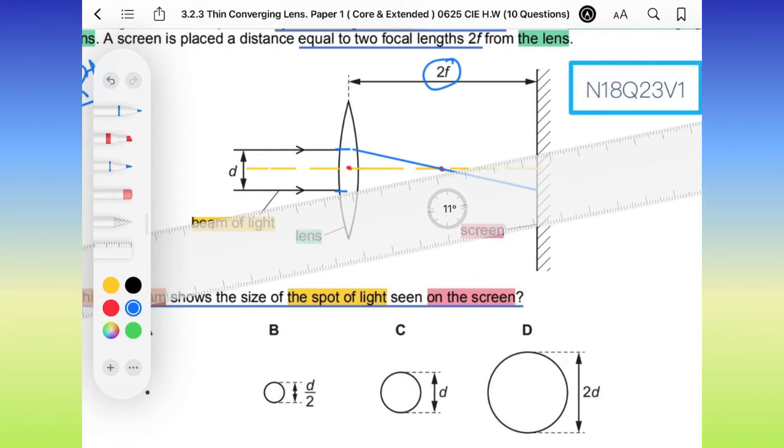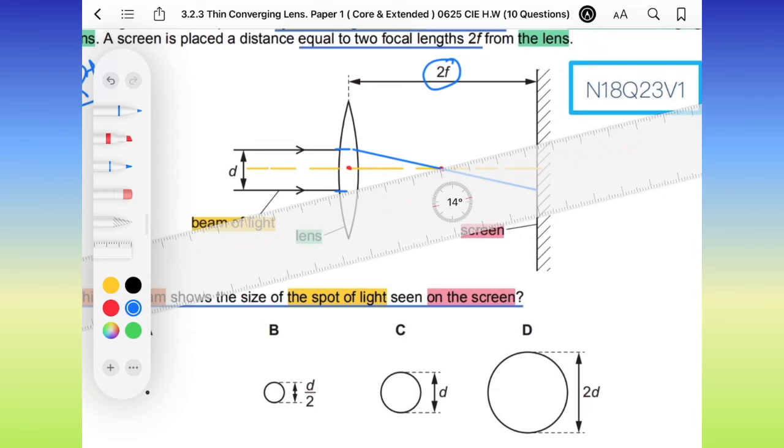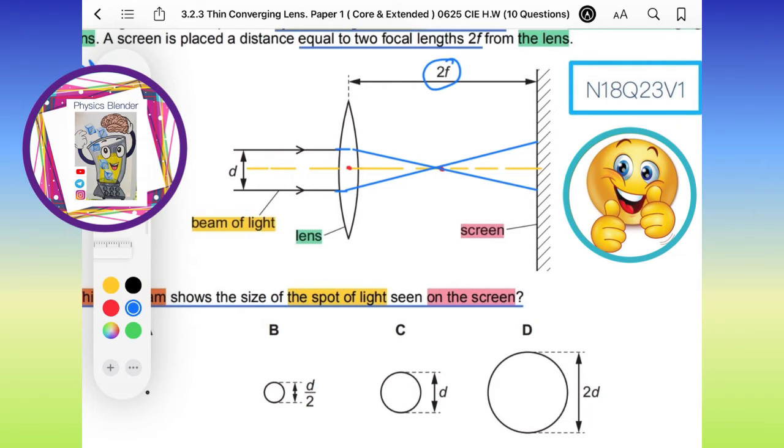Okay, so here we have the refracted rays, and it's clear that the distance d is somehow equal to the distance here, the size of the spot. They have the same distance. Okay, so the answer for this question is C.